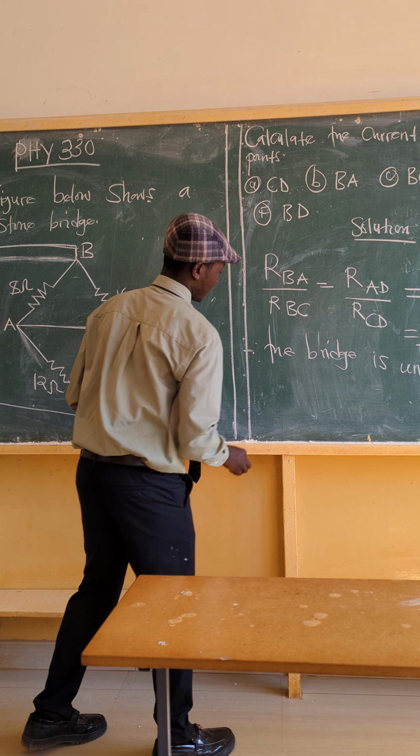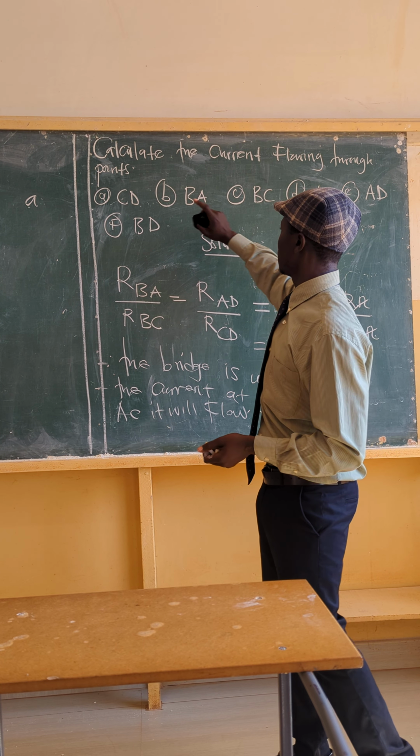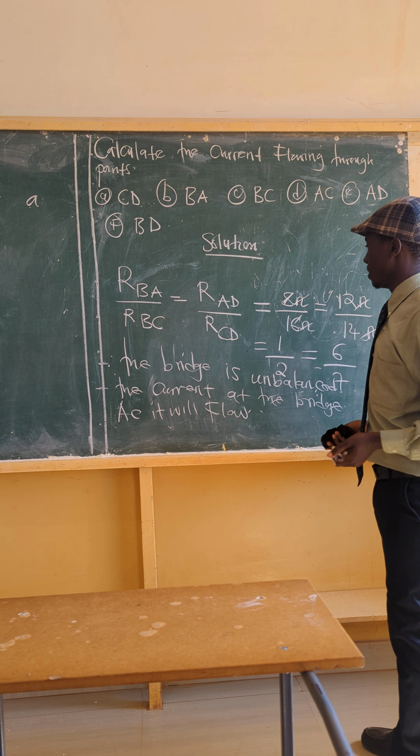Okay, so I can create some space. We calculate some analysis. We have understood that this bridge is unbalanced, so we now need to come up with the total resistance as well as the total current. That's how we can calculate the currents flowing through CD, BA, and BD.